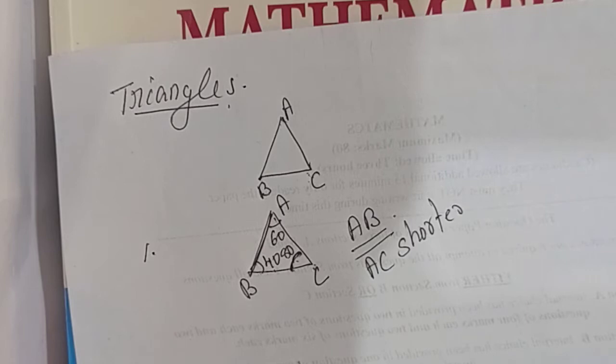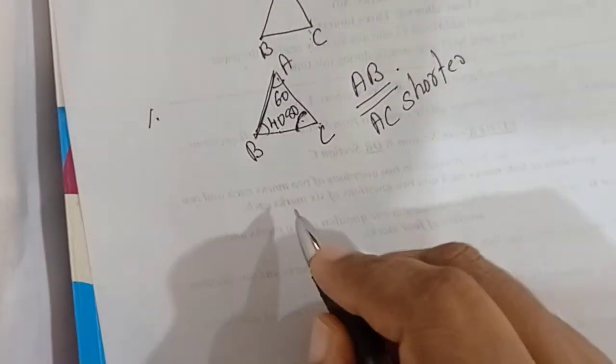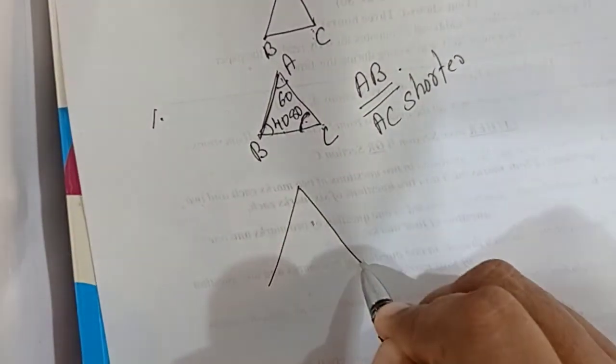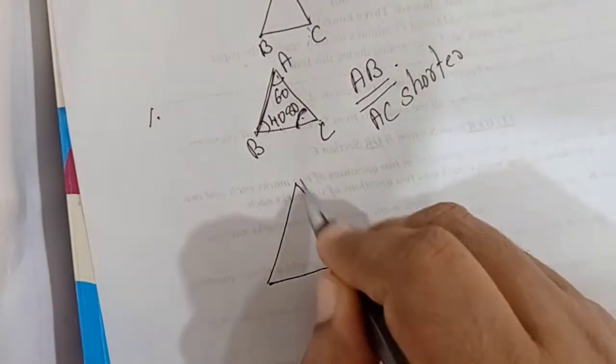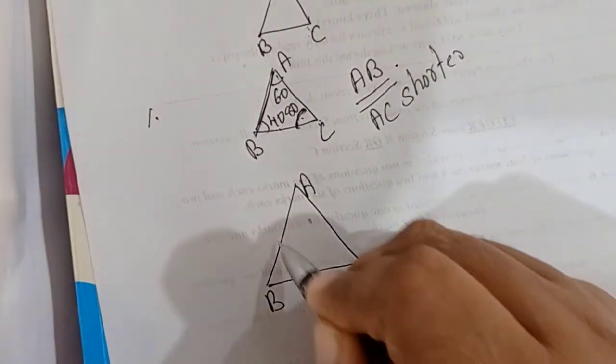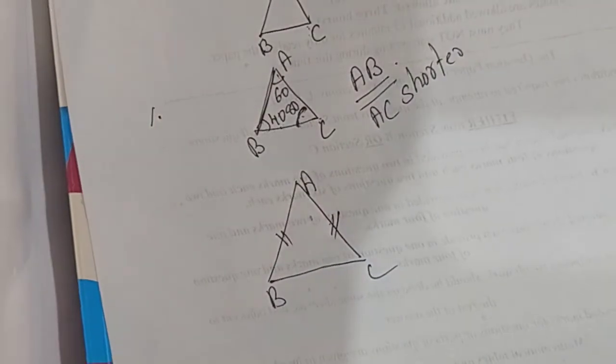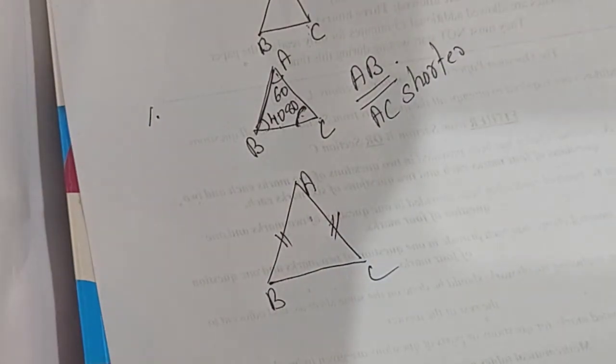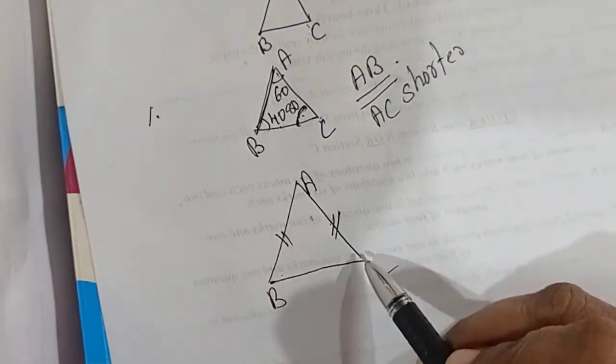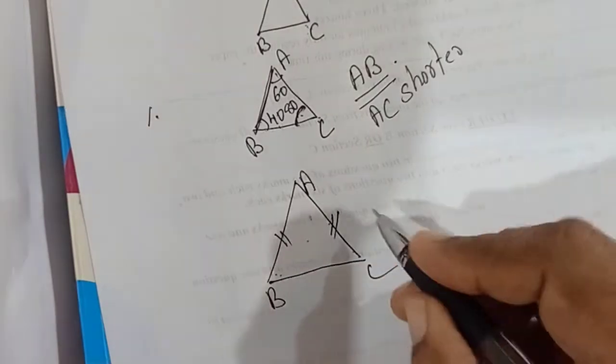Then the second point is, if any two sides of a triangle are equal, suppose AB equal to AC, then the base angles are equal, right?